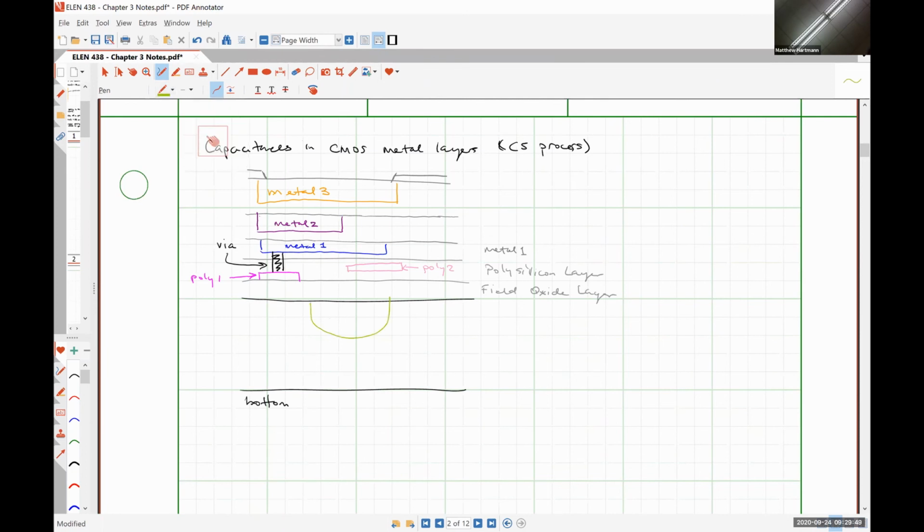Just because I didn't draw it, we may also have the capacitances that we can see, particularly with the metal layers: metal 3 to metal 2, metal 2 to metal 1, metal 1 to poly 2, metal 1 to poly 1.